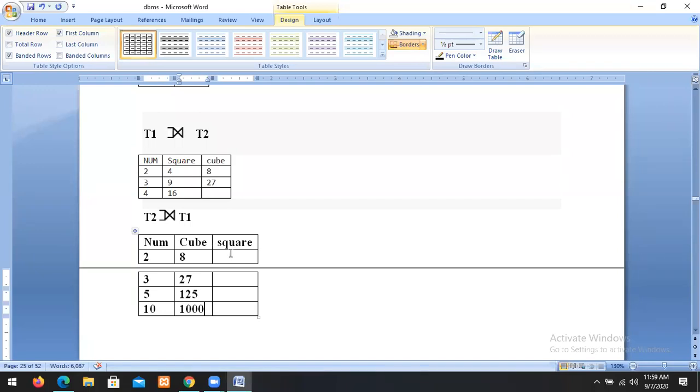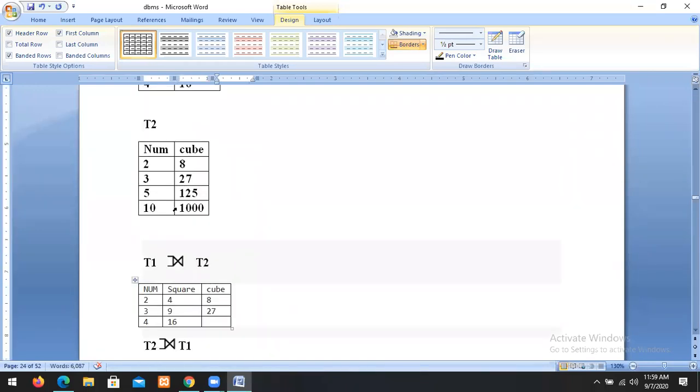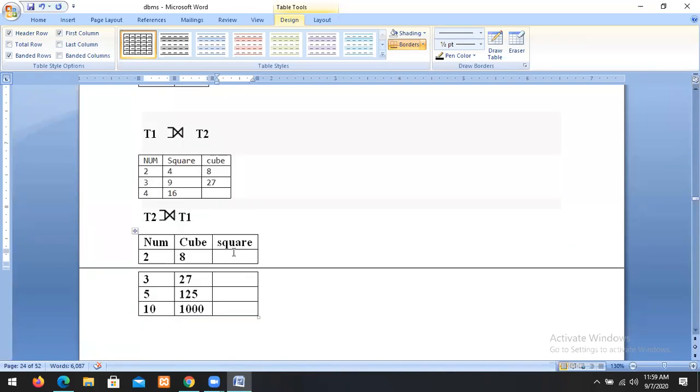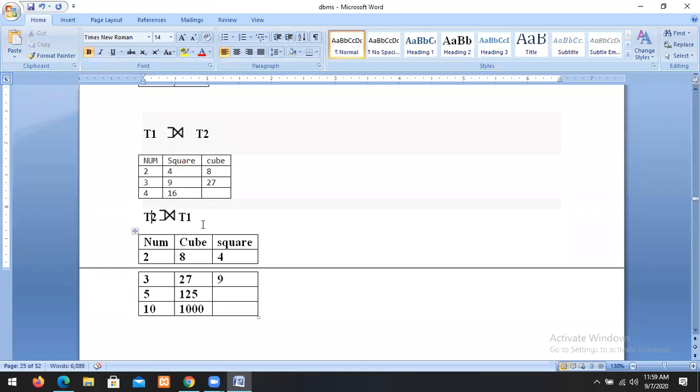And matching rows. So what are they? There is a matching 2 and 3 is matching. So 4, 9. So this is the output. This is called as T2 left outer join T1.